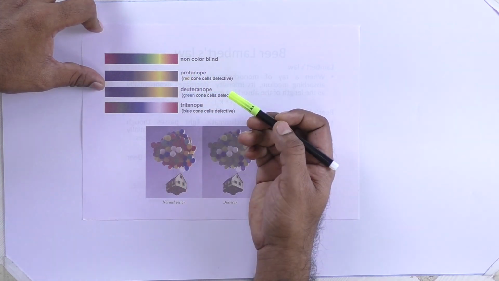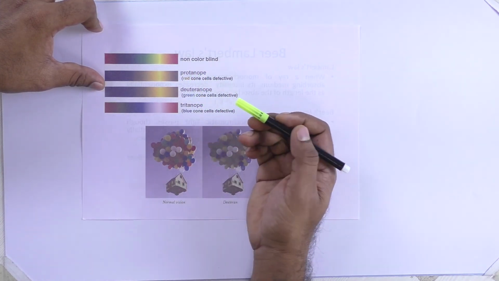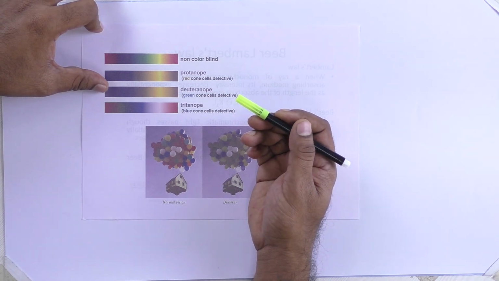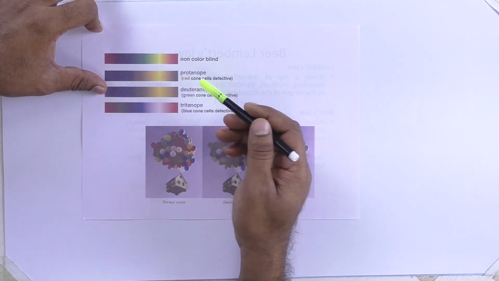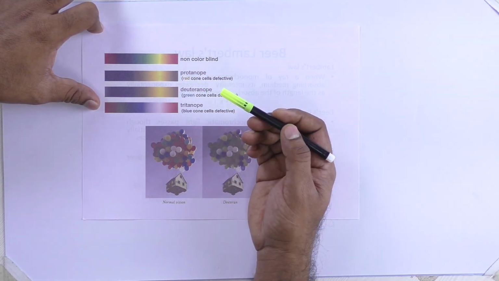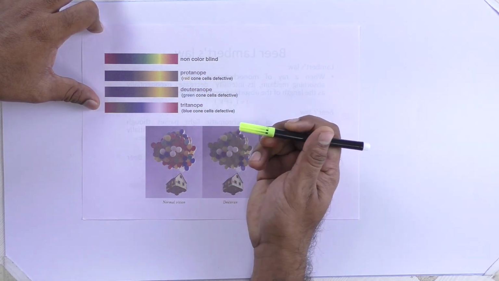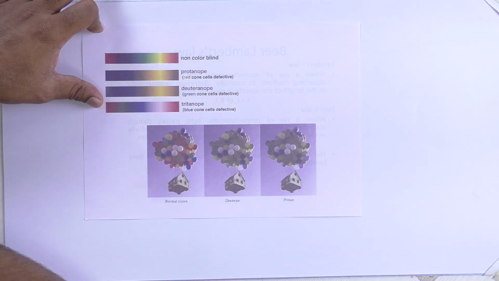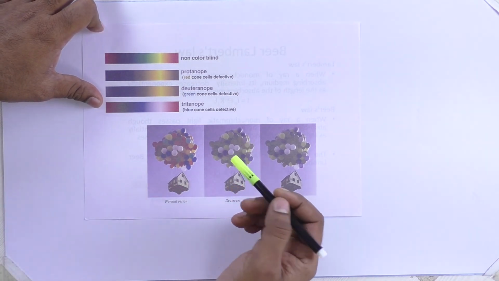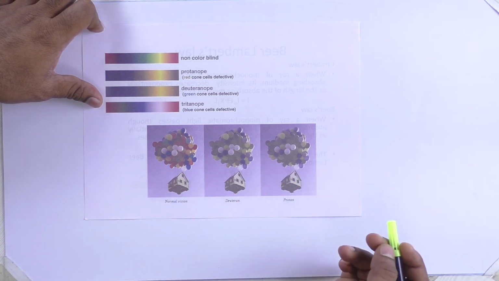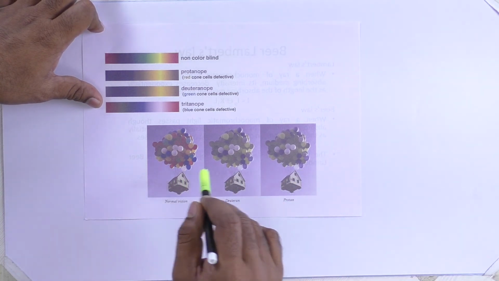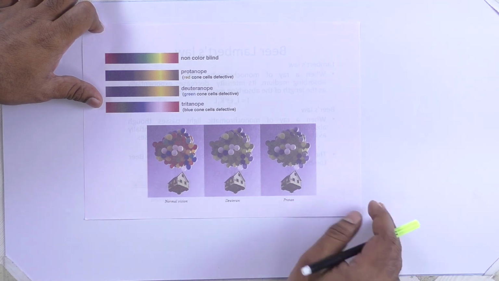Deuteranopia is a green cone cell defect, so we cannot perceive green and red colors. And Tritanopia is a blue cone defect, so the person cannot view the blue colors. So see the difference between the color vision defects: this is normal vision and this is defective vision.